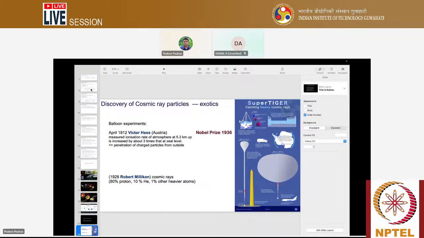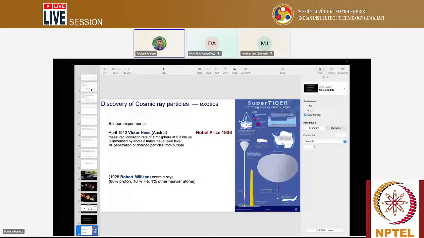So there were these cosmic ray experiments, balloon experiments, that happened in the early part of the last century. They are basically devices which detect charged particles, which are sent to the upper atmosphere.